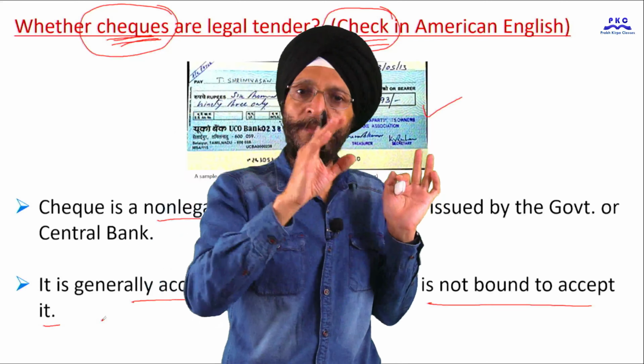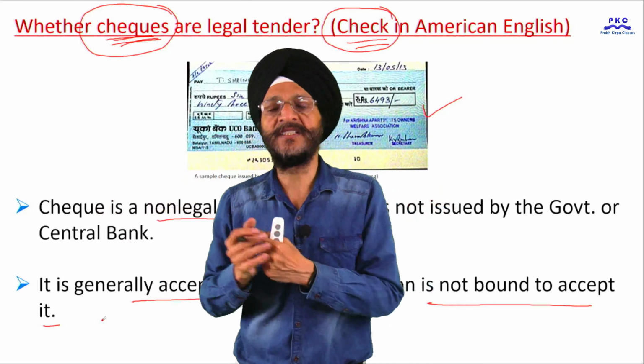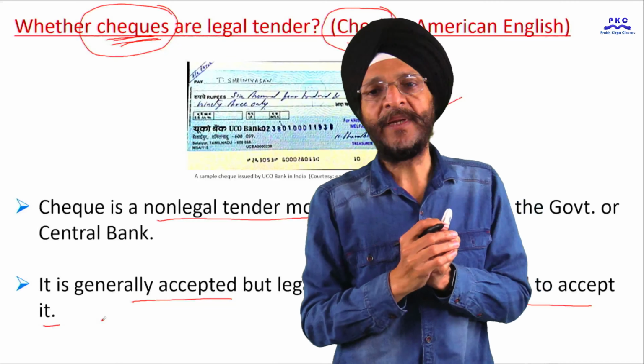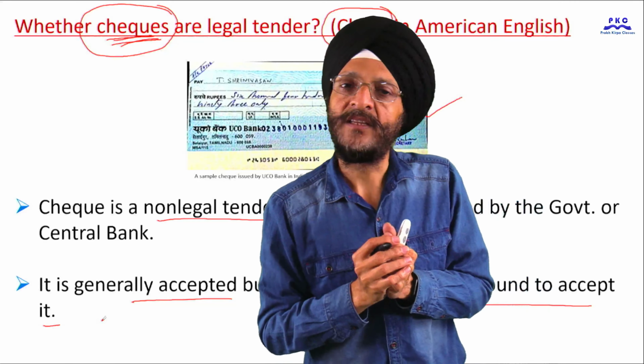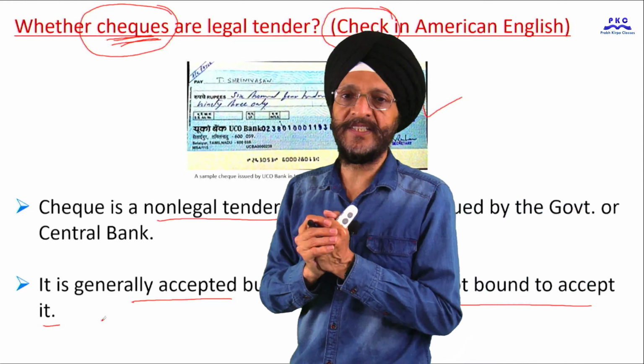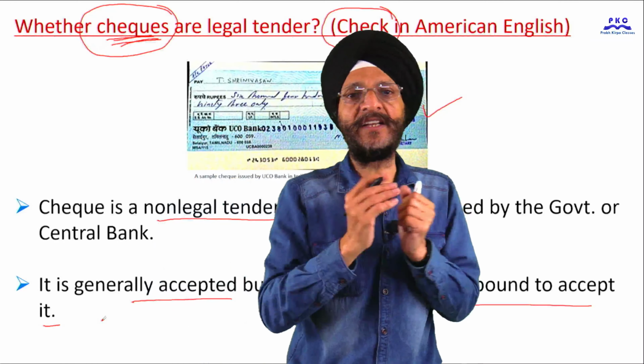The jewelry showroom may refuse to accept the check. Suppose we want to purchase a car and we say that I will make the payment by check, the car dealer may refuse to accept the payment by check, because check is not a legal tender.